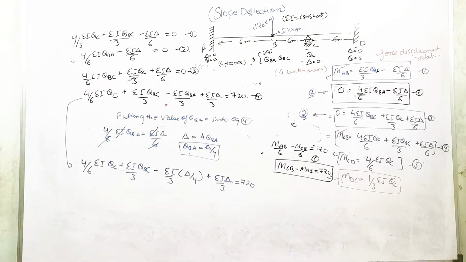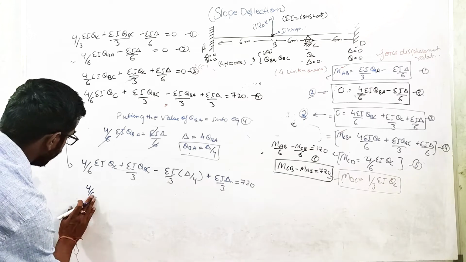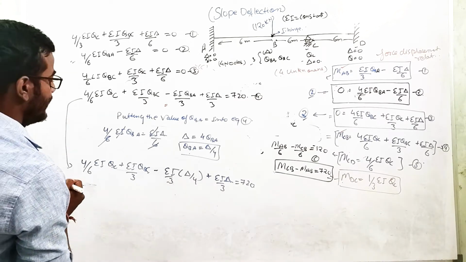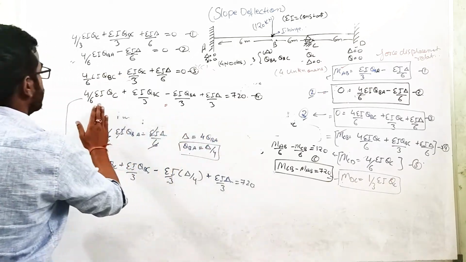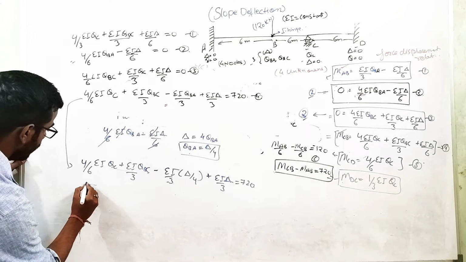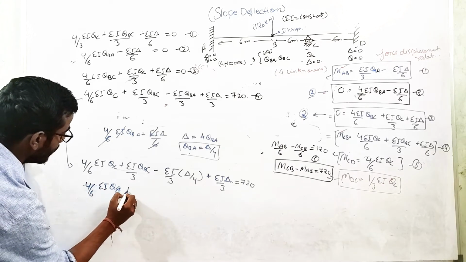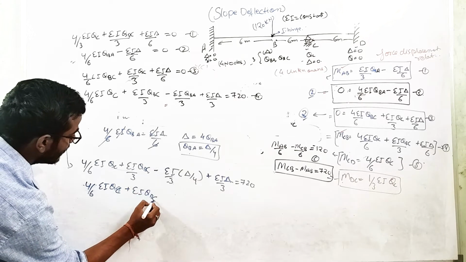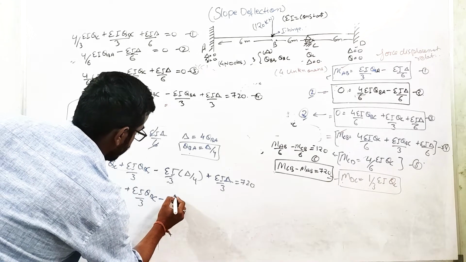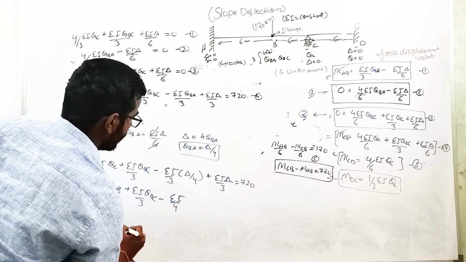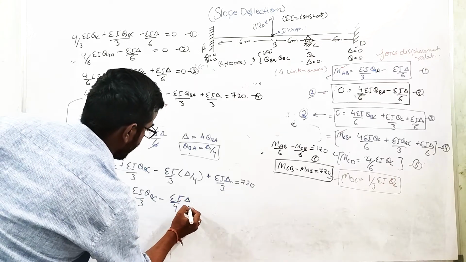So this equation will become 4 by 6 EI theta C plus EI theta BC over 3 minus EI by 4 delta.